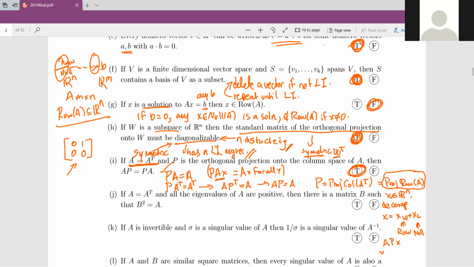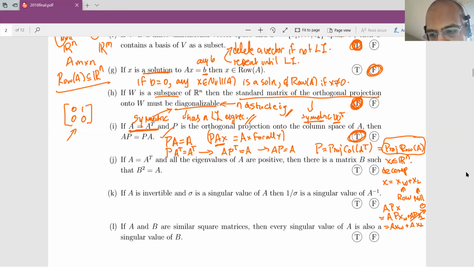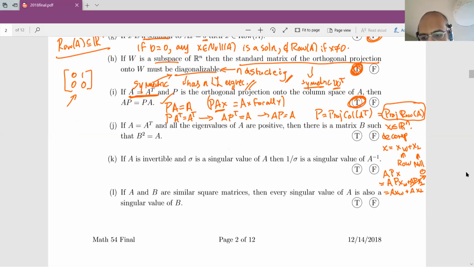So now I get APX_W plus APX_perp, but this is just 0. And P fixes X_W, so this is just AX_W. But that's the same as AX_W plus AX_perp, because A also kills X_perp. So that's just AX. Does that make sense?